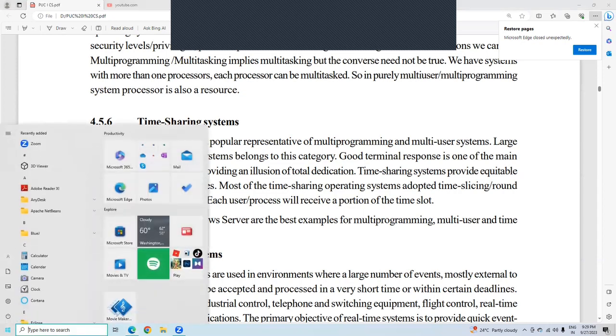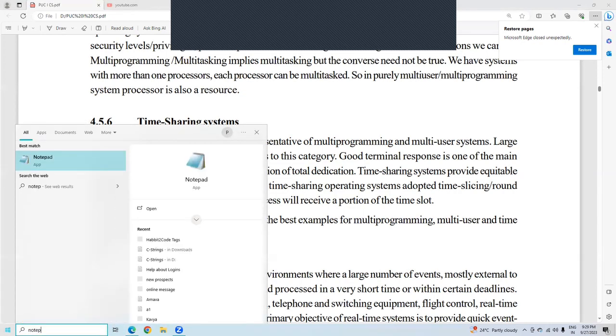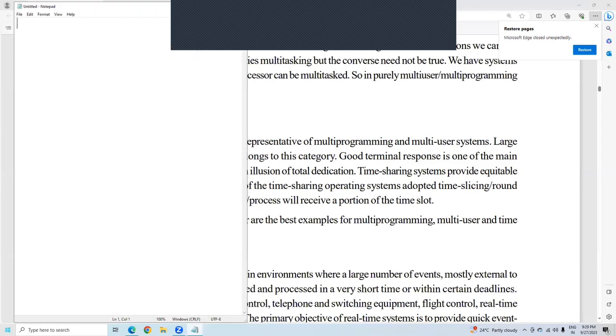Assume there are task 1 called T1, task 2 called T2, task 3 T3, and task 4 T4. When I give these 4 tasks to the operating system, assume the time allotted for T1 is 5 milliseconds, for T2 3 milliseconds, for T3 4 milliseconds, and for T4 6 milliseconds.